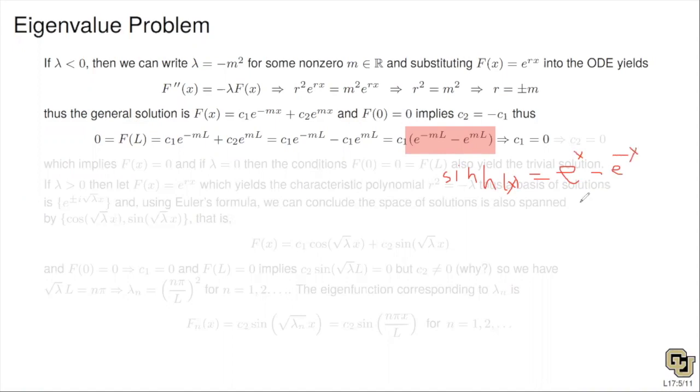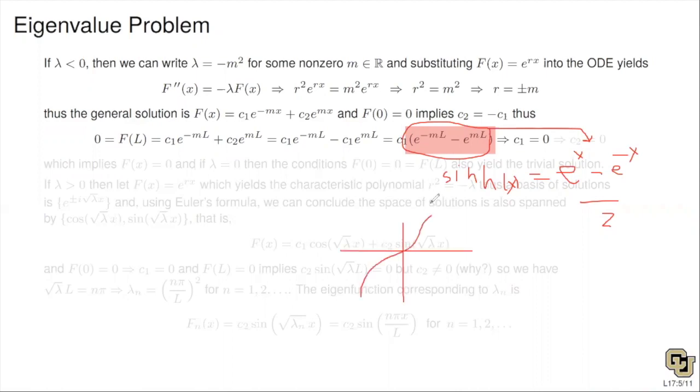So if you look at this term, it's the negative of this numerator term. So what we have here is negative 2 sinh of mL.